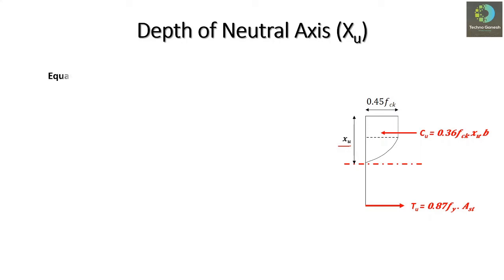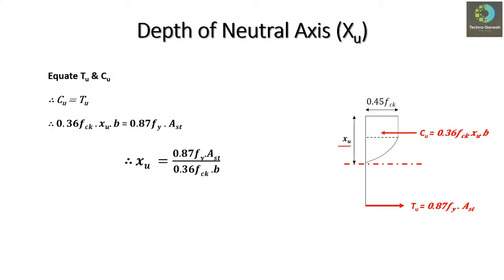Let us equate these two forces, Cu and Tu. Putting these values of Cu and Tu and simplifying to find the value of Xu, we get this equation: Xu equals 0.87 fy into Ast divided by 0.36 fck into b.